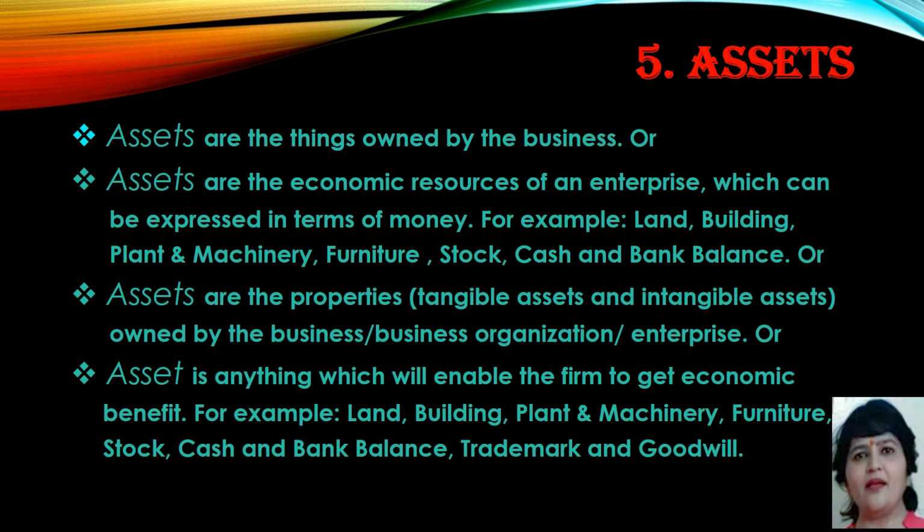Another meaning is also there. An asset is anything which will enable the firm to get economic benefit, that is monetary benefit. For example, land, building, plant and machinery, furniture, stock, cash and bank balances, trademark and goodwill. Trademark, the mark of the business, which has been legalized.